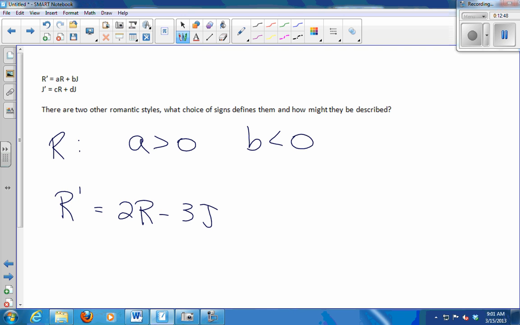So what does that say about Romeo's feelings? How do they change over time? They decrease when Juliet loves him.